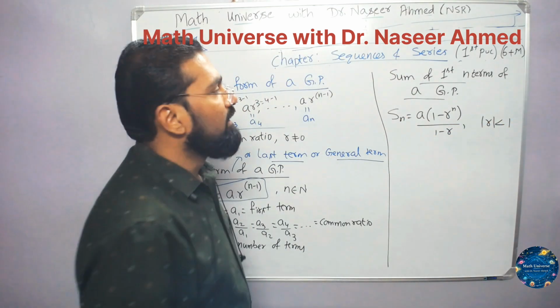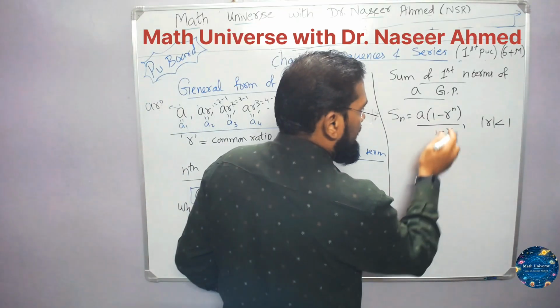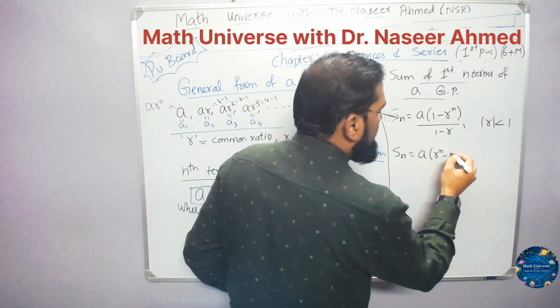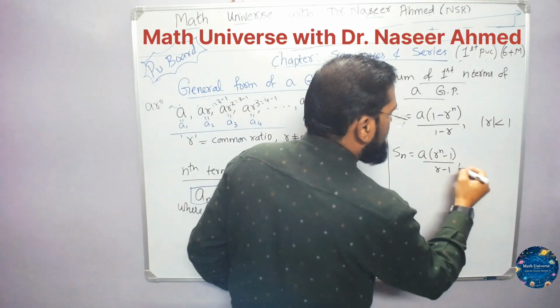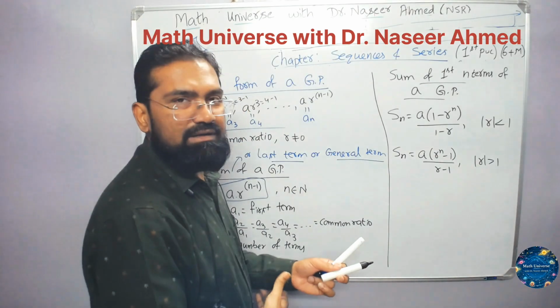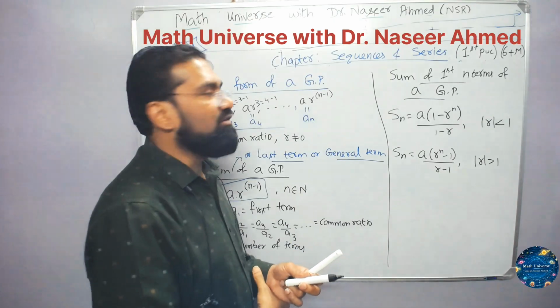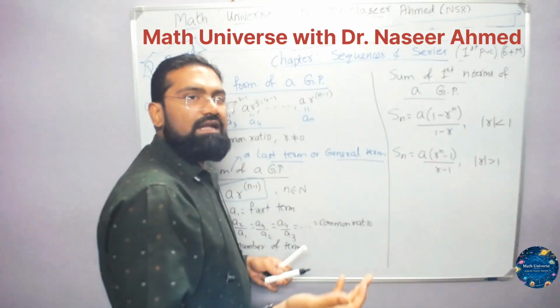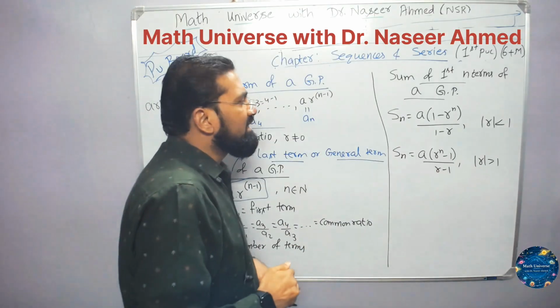If I take negative common, I'll get one more formula, that is A into R power n minus 1 divided by R minus 1, where mod of R is more than 1, but both will give you the same answer ultimately. It's not a big difference. If you use one where the condition is violated, you will still get the same answer ultimately. Just see carefully what has happened here.